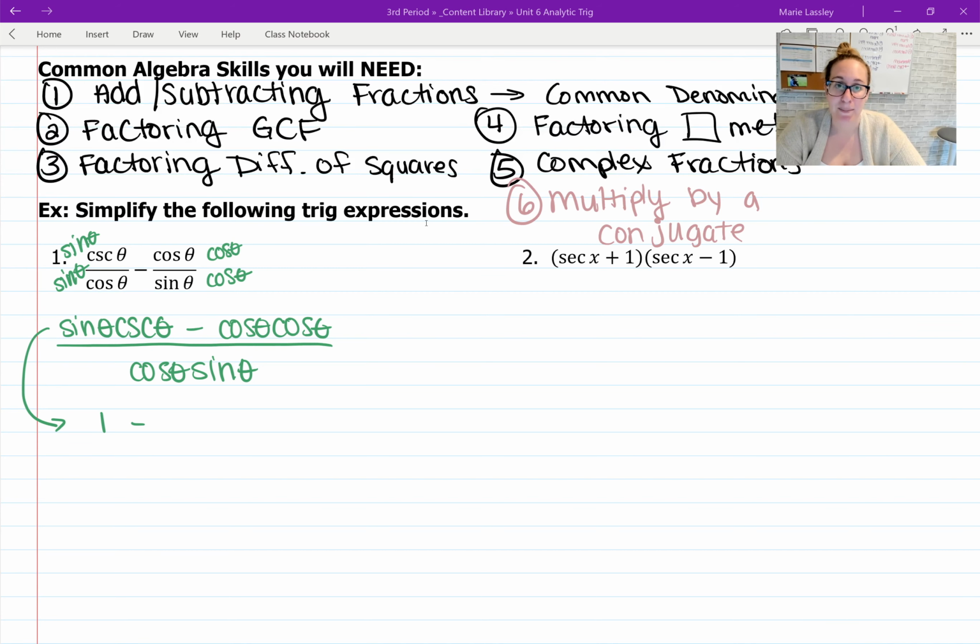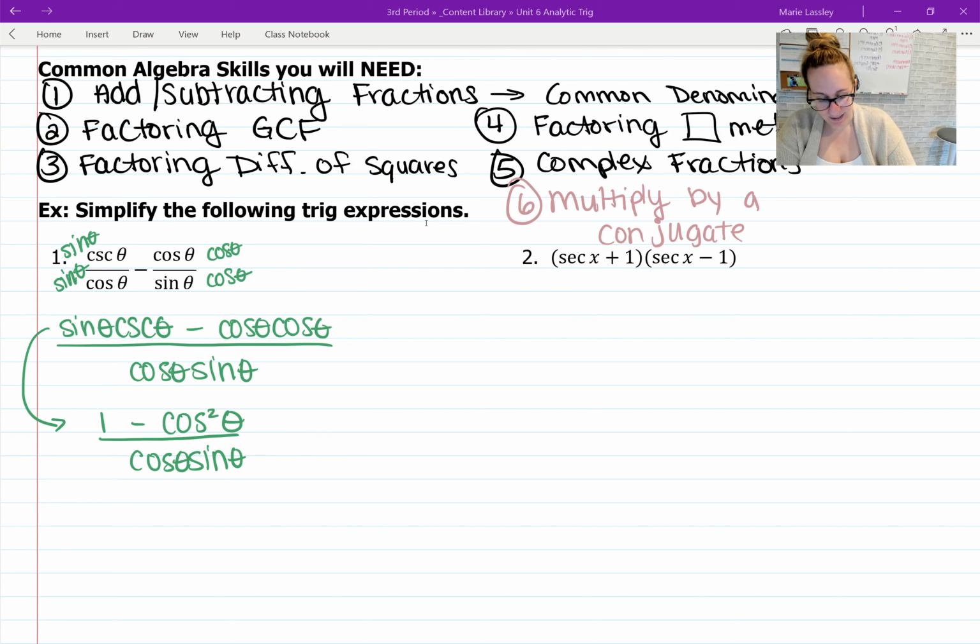Well, anything times itself is squared, so this is cosine squared, over cosine theta times sine theta. Cosine divided by sine, that's something, but cosine times sine is nothing, so we just leave it.